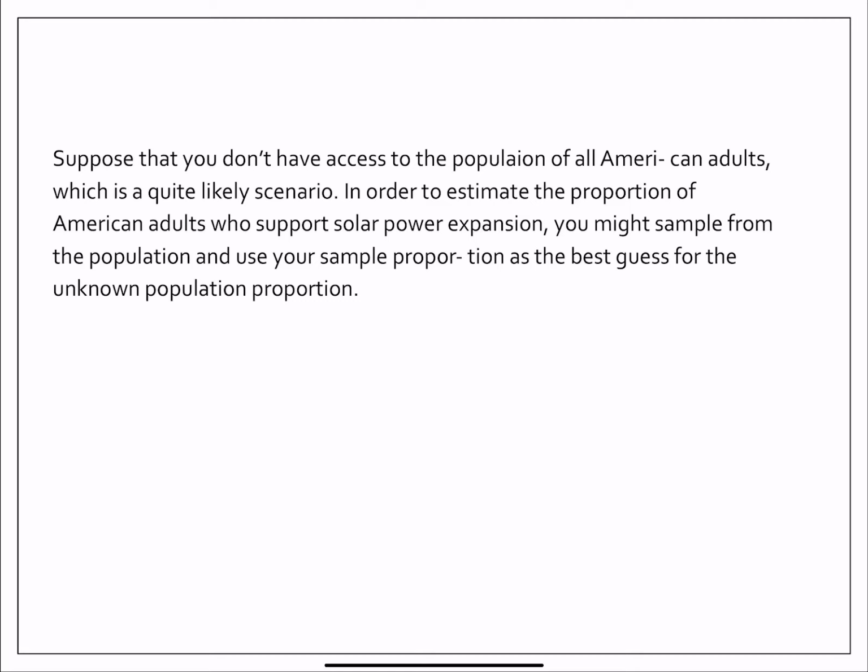You probably would not be able to ask more than like 1 million adults something. And I don't even know if I could come up with a way to ask 1 million adults something. Even that would be relatively difficult, right? So since we don't have access to the entire population, how can we find out information about the population?